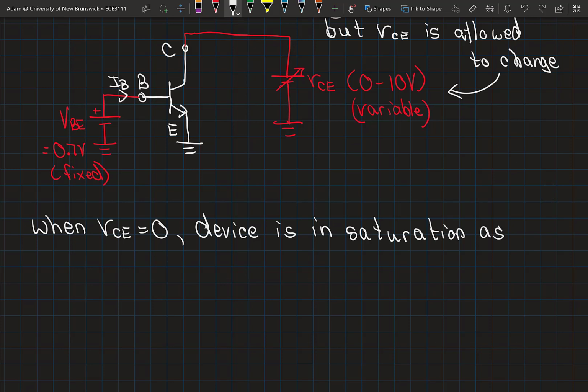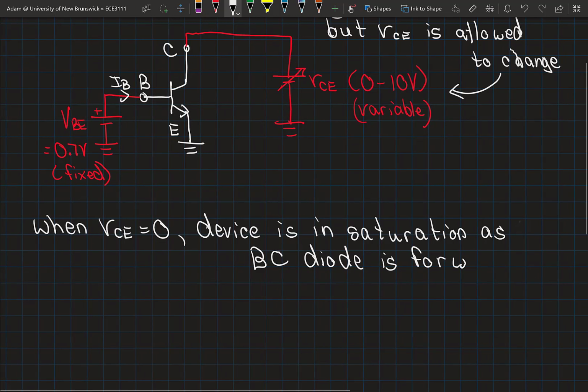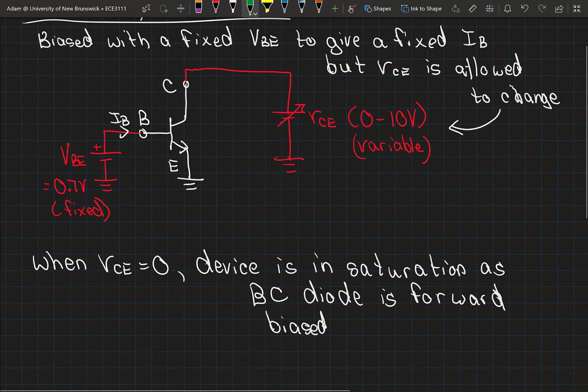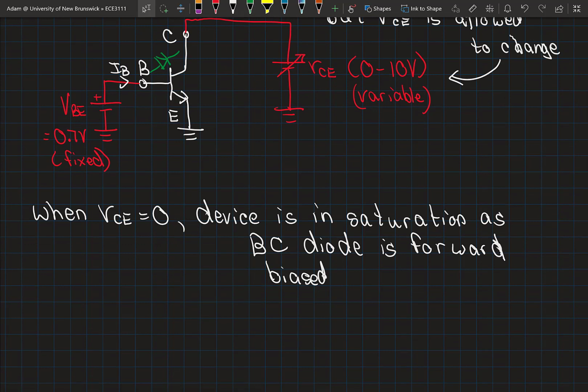And this is because our base to collector diode is forward biased. Let's represent that base to collector junction on the diagram.